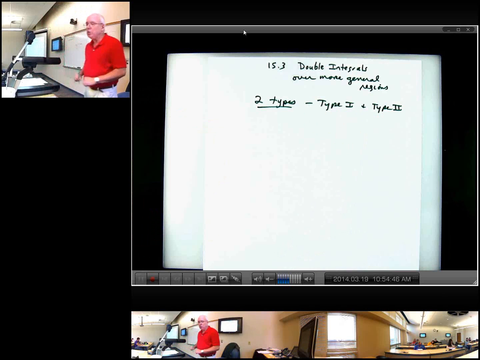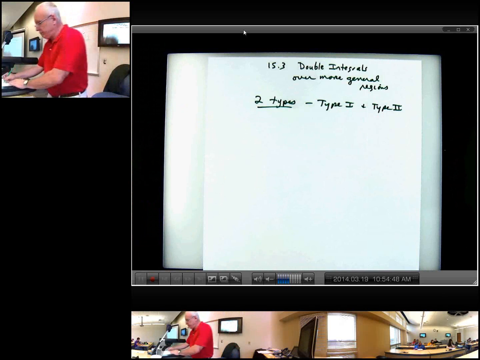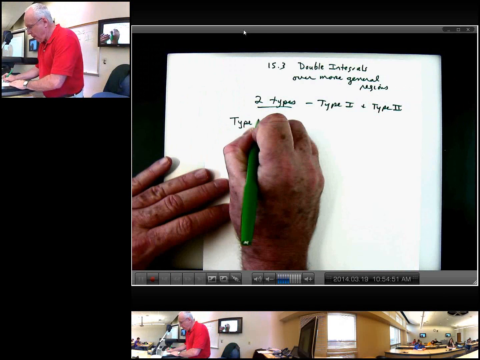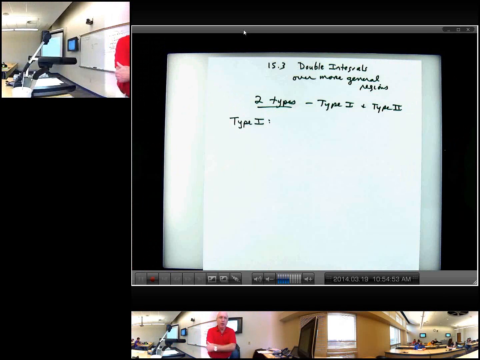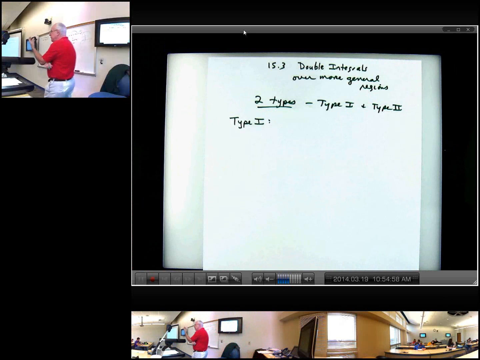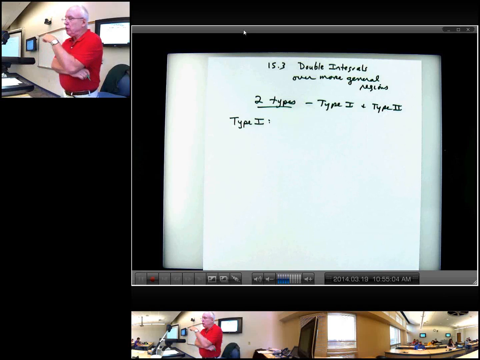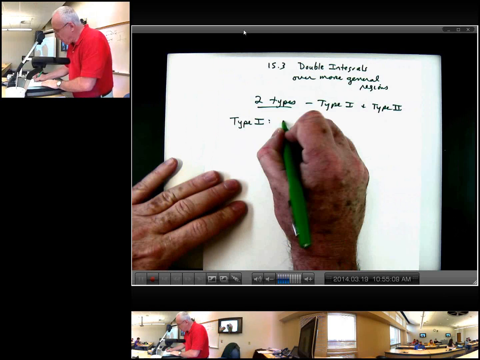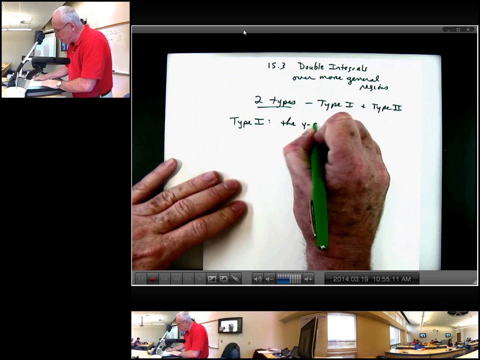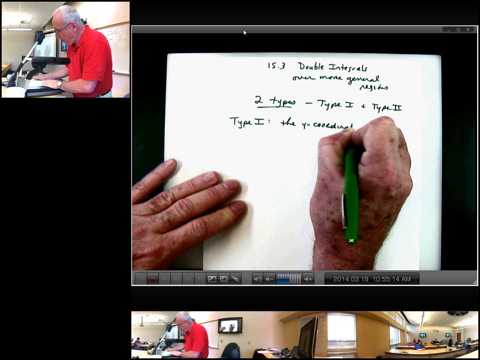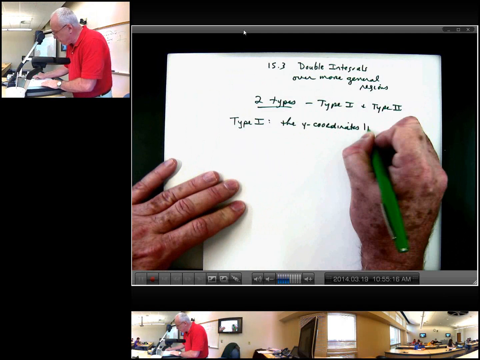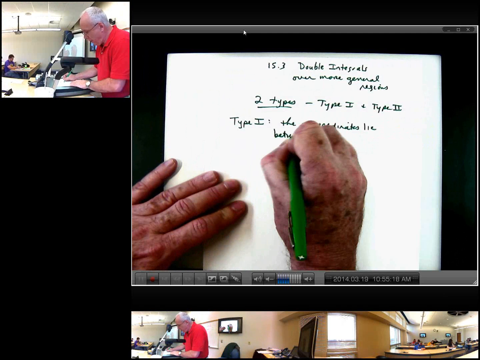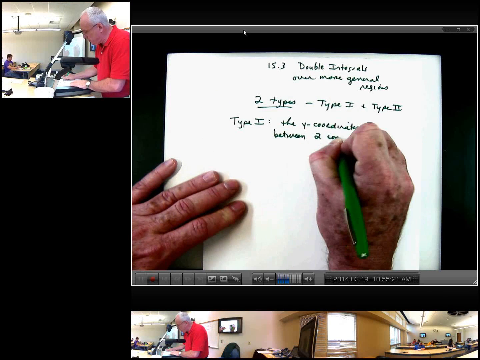So let's start with what type 1 is. Type 1 is where the y-coordinates of the points that are inside the region lie between 2 continuous functions of x, and I'll show you that in a diagram.